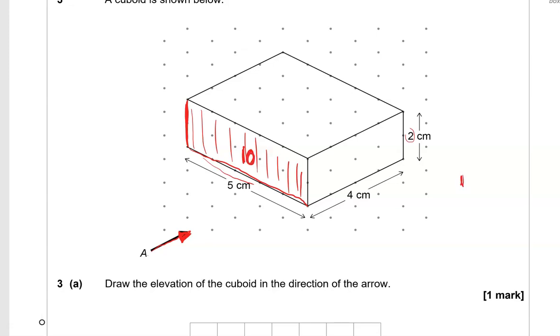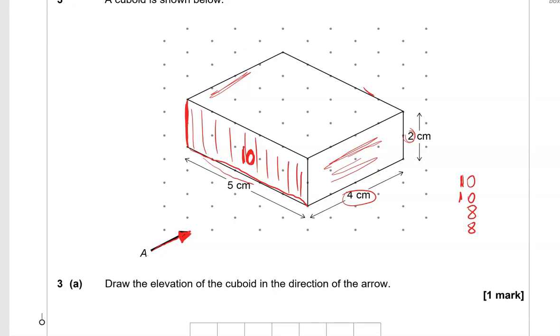So we can write it here as well. 10. Now this one that's here on the back, which is identical to this one, that will be 10 as well. This one at the front, that will be 4 times 2, which is 8. The one here at the back, again, that will be 8, the one that's identical to this one.